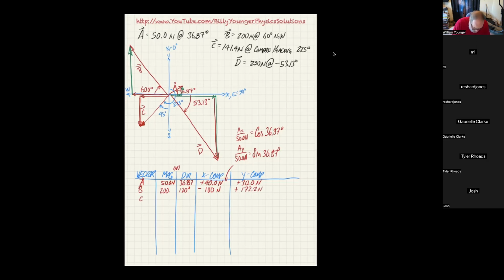Now I can do C, and C has a magnitude 141.4 newtons. And it has a direction, technically speaking, that's 45 on the other side too. So I could call that 225. And that happens to be the same as the compass heading, even though it's entirely differently measured.